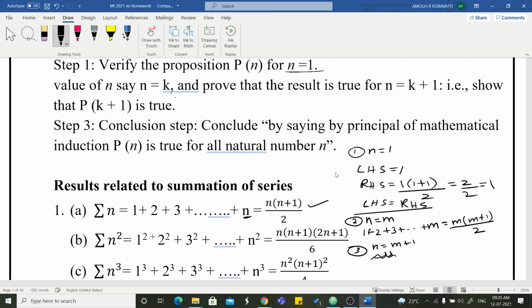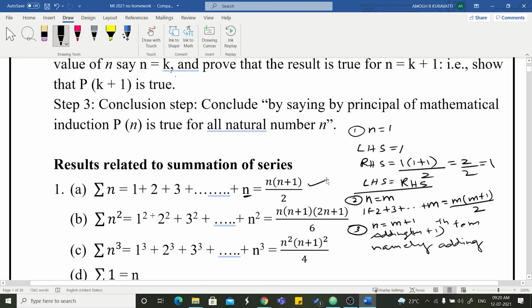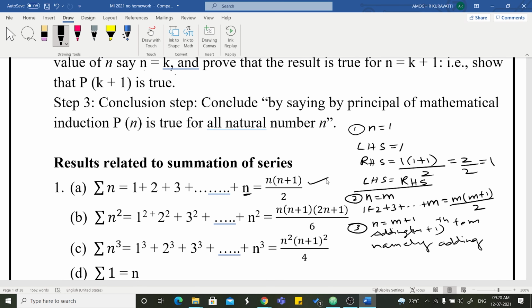So adding the next term, the m plus 1th term, namely adding m plus 1 on both sides.